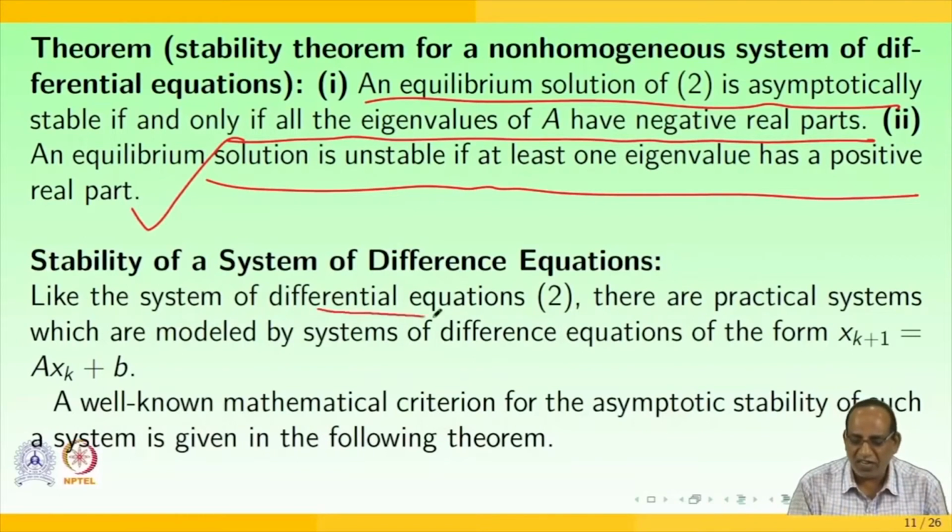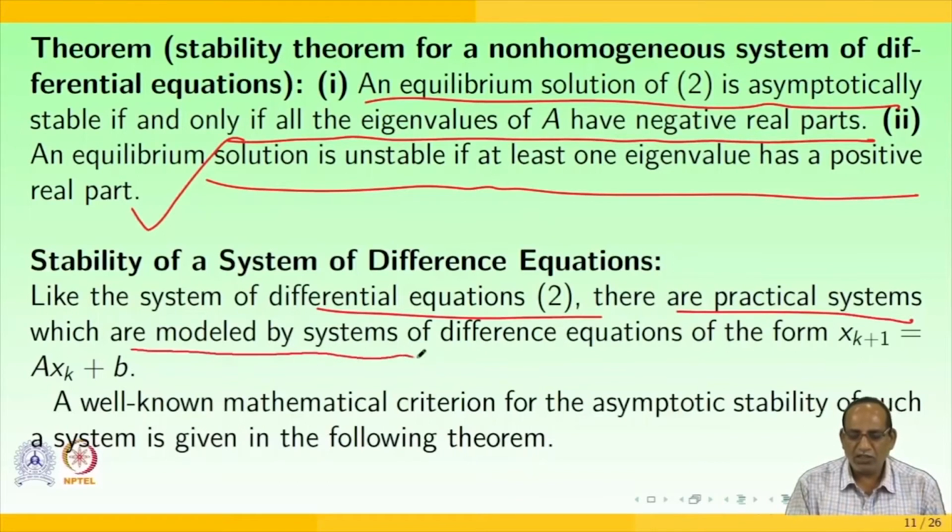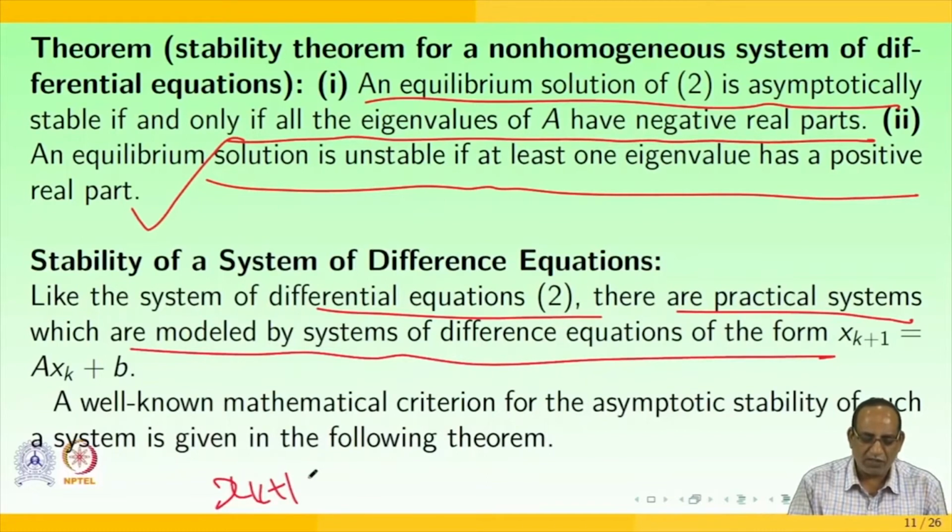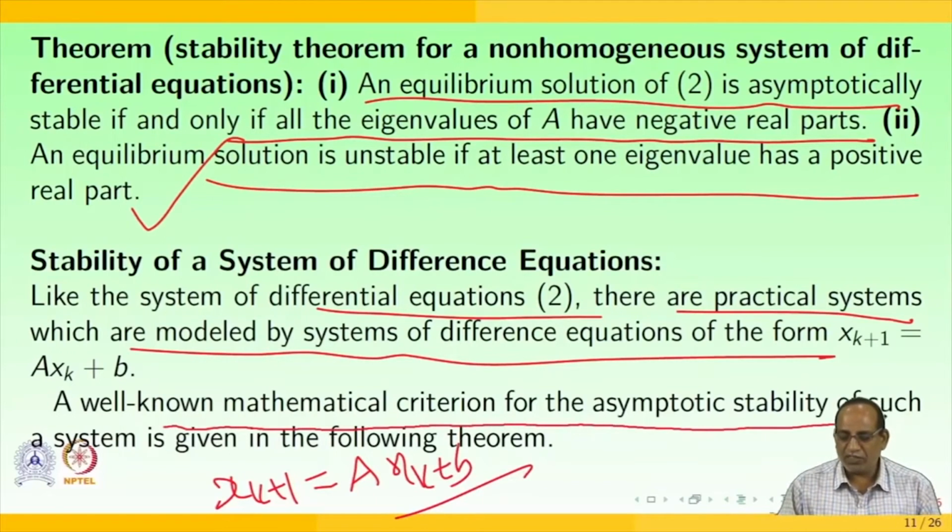Like the system of differential equations, there are practical systems which are modeled by systems of difference equations of the form x of k plus 1 is equal to Ax of k plus b. A well-known mathematical criterion for the asymptotic stability of such a system is the following theorem.